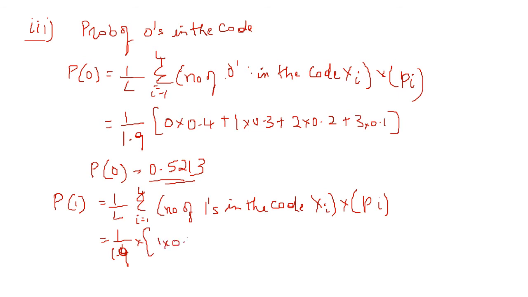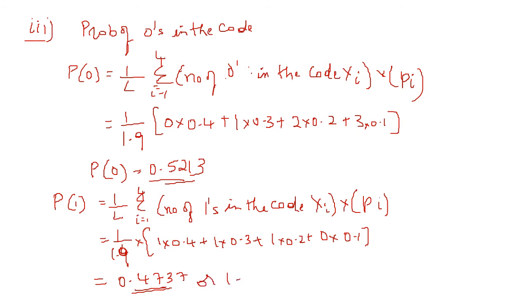So 1 into 0.4, plus 1 into 0.3, plus 1 into 0.2, plus 0 into 0.1. So you are going to get P of 1 equal to 0.4737, or it is also equal to 1 minus P of 0. You can use this formula also to find your probability of ones.